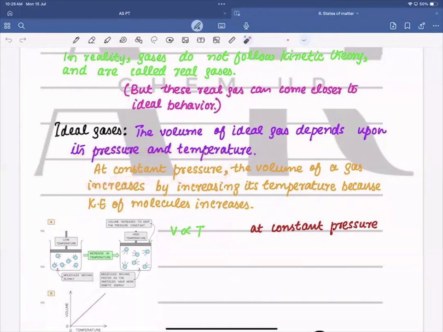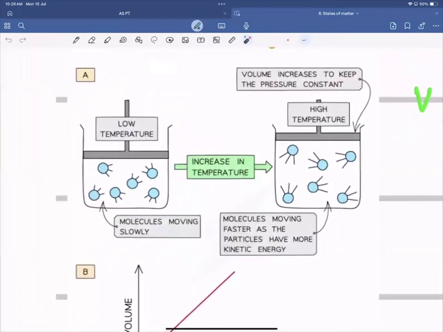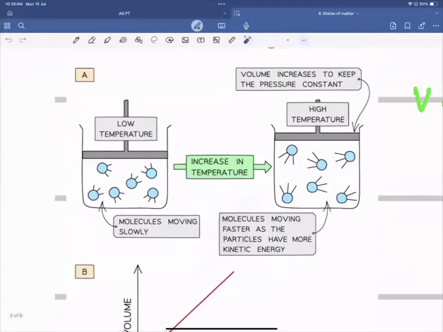See over here, this is the visual representation. There is a low temperature, and it is a movable piston to make sure that the pressure remains the same. When we increase the temperature, molecules start colliding more frequently, hitting the wall more frequently, which results in expansion, and as a result, the volume increases because the pressure is constant.